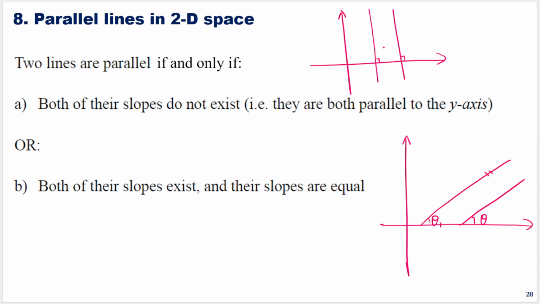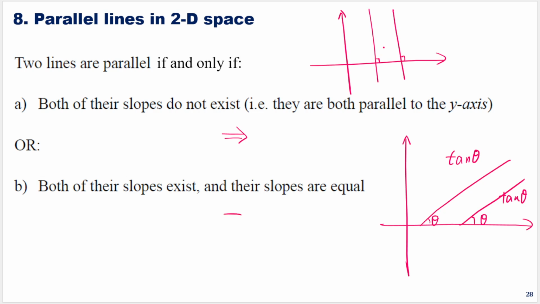For this line, the slope is tangent theta. And for the second line, because this angle is still theta, the slope is also tangent theta. Therefore, as you can see here, their slopes are equal, right? That means if the two lines are parallel, their slopes are equal. We have proved this direction.